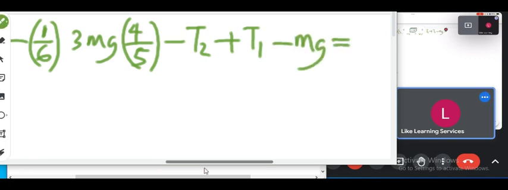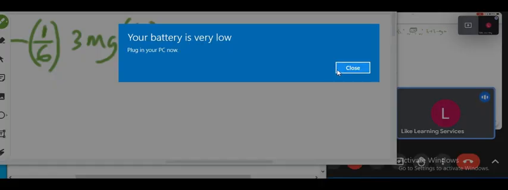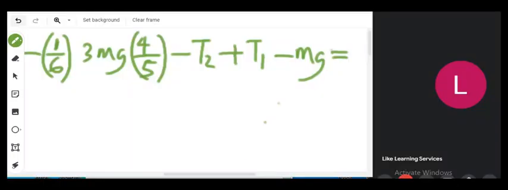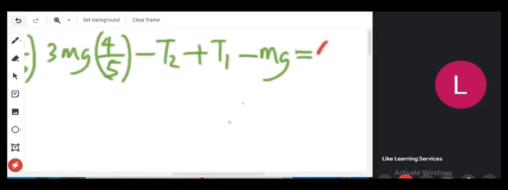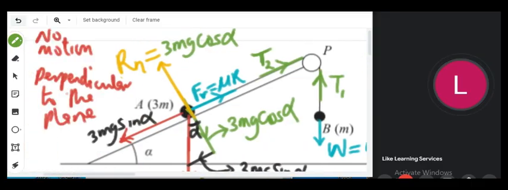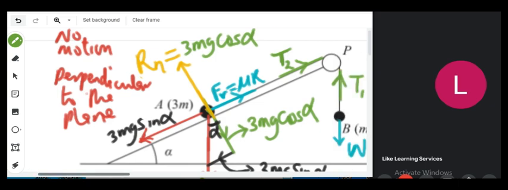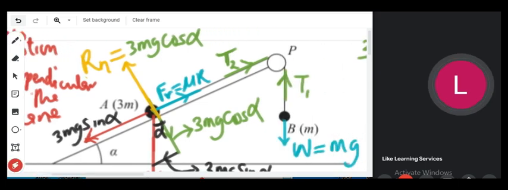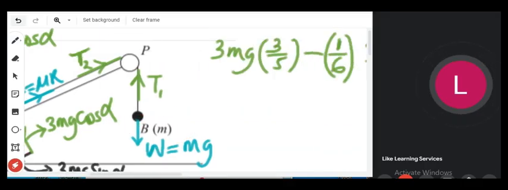Equals, I've treated all of them as the same unit, so the total mass is 3m plus m, which is 4m. That's the total mass of this 3m and this m, altogether 4m.